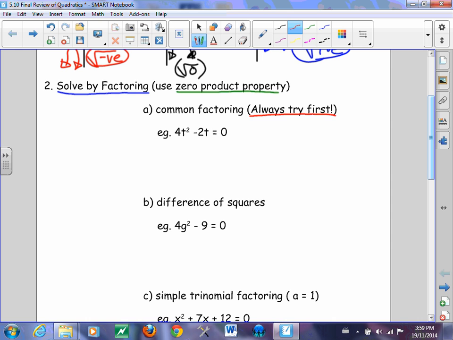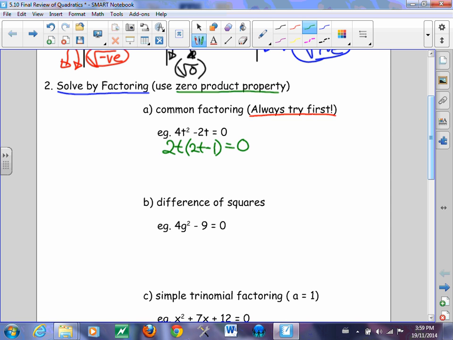Taking a look here, folks, what we have in common is a 4t, so what's left over is t minus... I apologize, back that up, it's 2t, my fault. So it's going to be 2t, and 2t minus 1 equals 0.